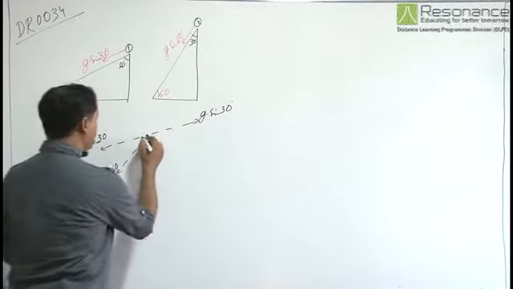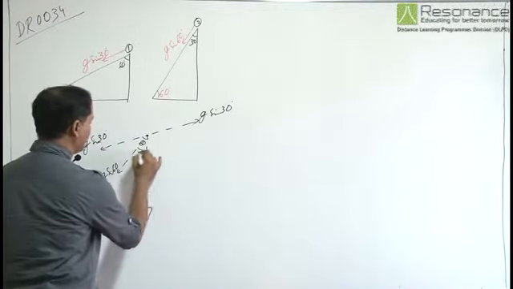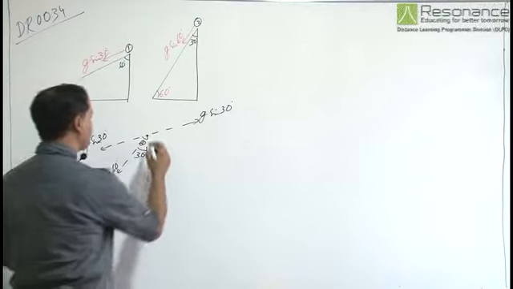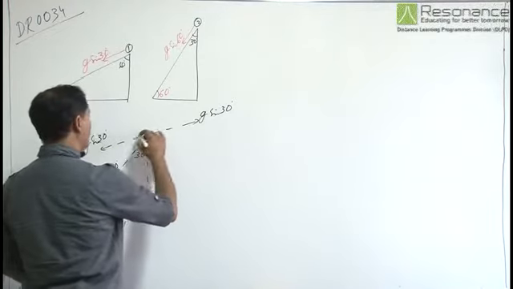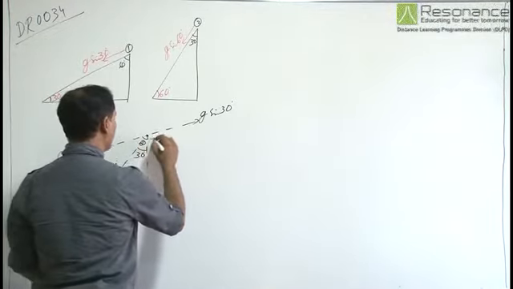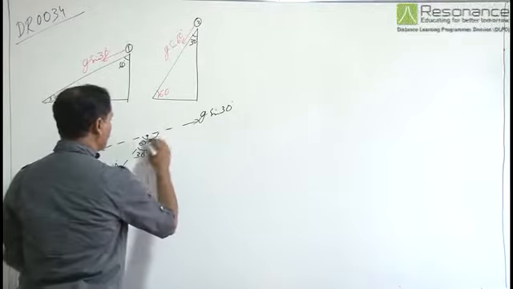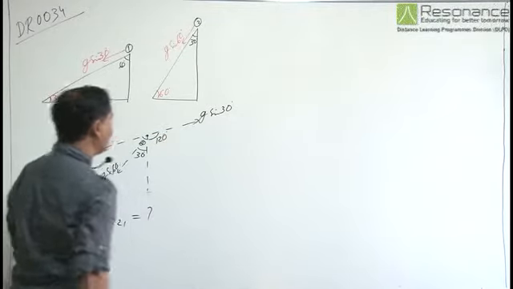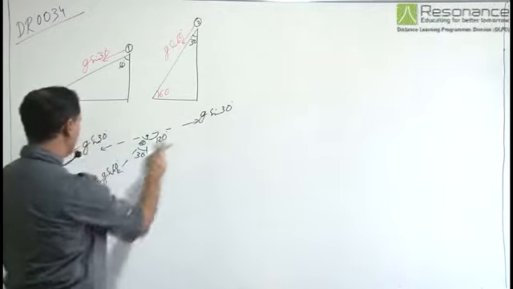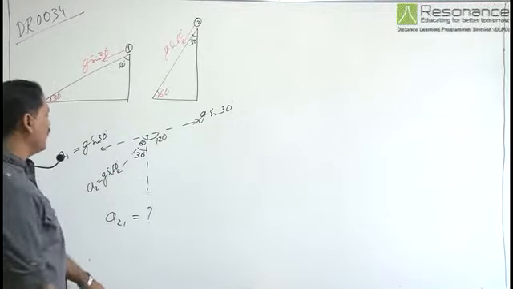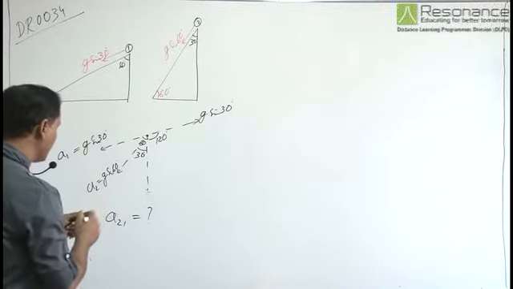As this particular angle is 60 degree, this angle is 30 degree. So from here we can write this particular angle to be equal to 120 degree. So the angle between g sine 30 and g sine 60 is 150 degree.